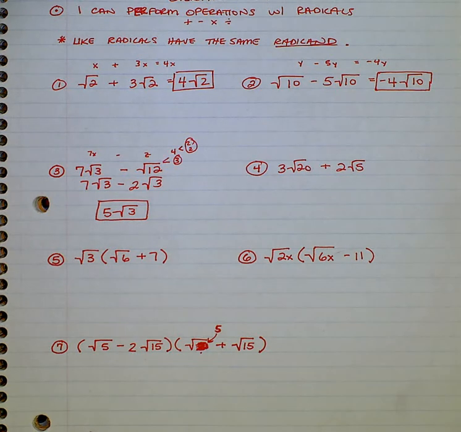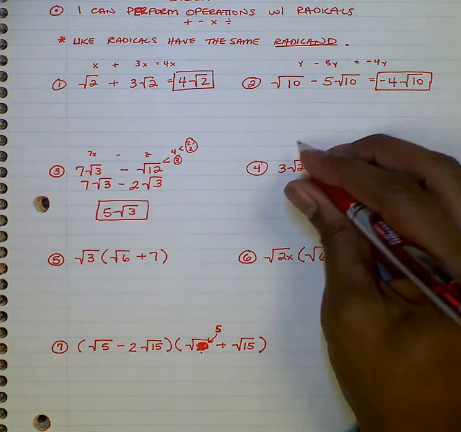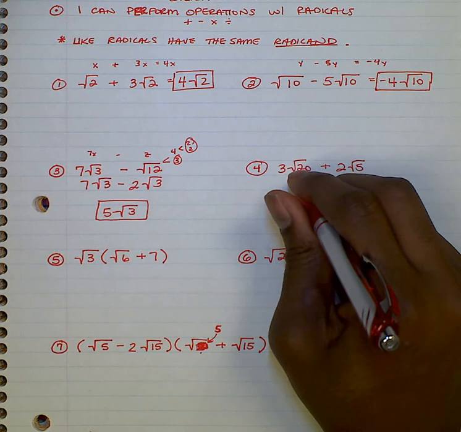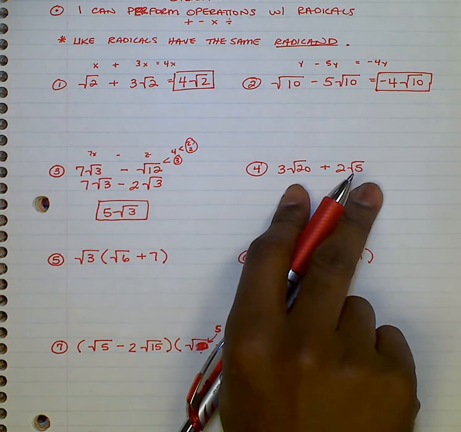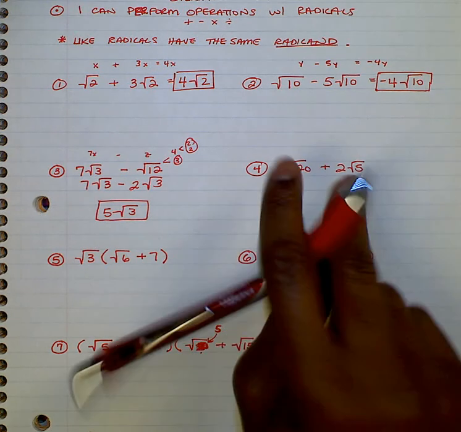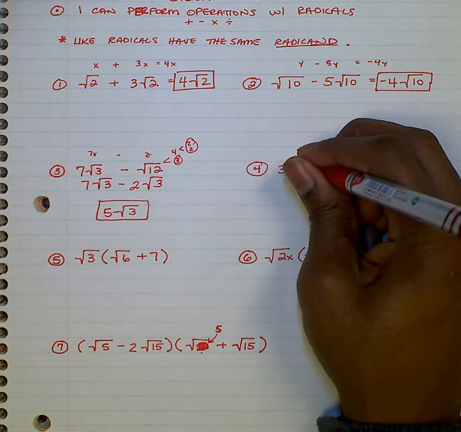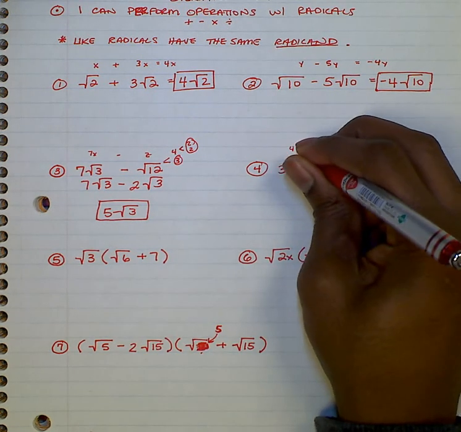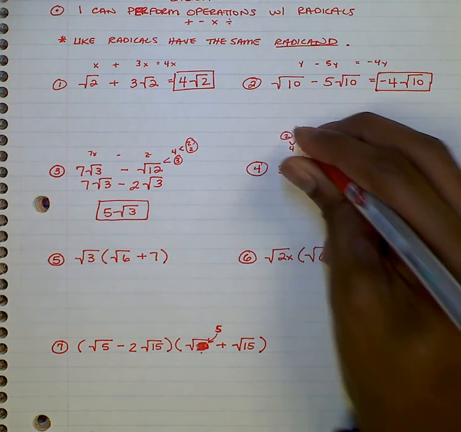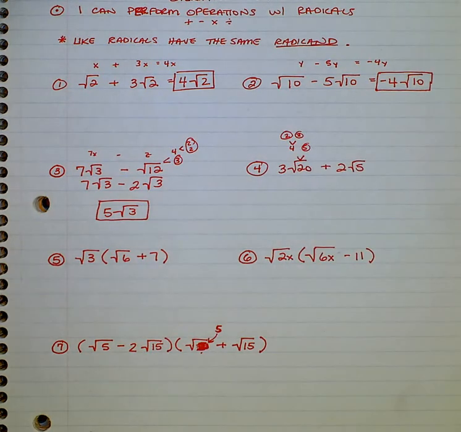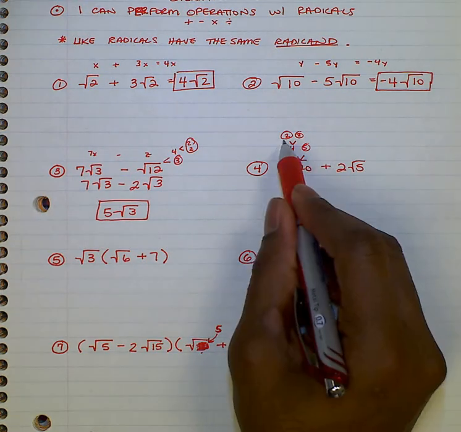Looking at number 4. We have 3 radical 20 plus 2 radical 5. At the start of the problem, we can't just add these together because they're not like terms. They're not like radicals. And so I will try to simplify this. Radical 20 is 4 and 5. 5 is prime. 4 is 2 and 2. I have a pair of 2's.